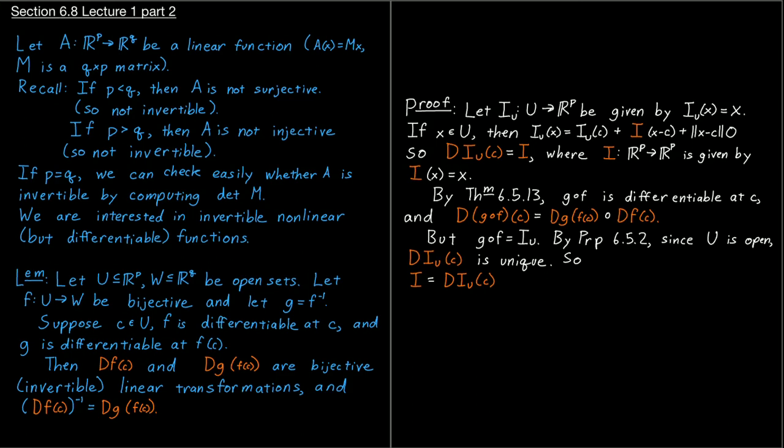I realize this seems somewhat strange. You're used to the derivative of x being 1, but that's just how derivatives of identities work. This is the derivative of G composed with F at the same point, because I sub U and G composed with F are the same function.